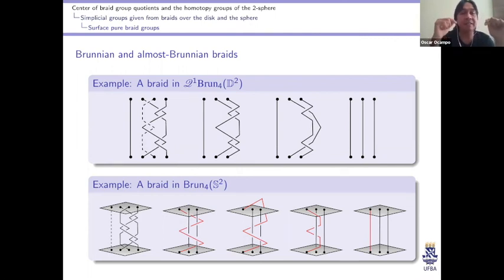And it's known that this braid projects to eta 2, the generator of pi 3 of S2. Okay, I see. So it's possible to recognize some kind of generators in very low cases. It's more or less easy to recognize which kind of elements are projected, but we have no further development. Okay, thank you.